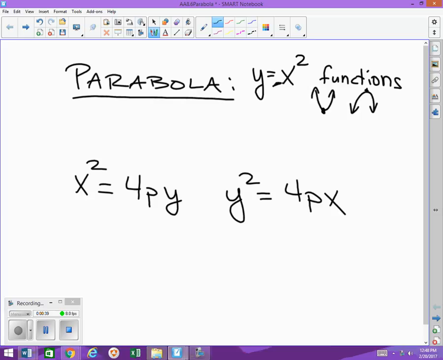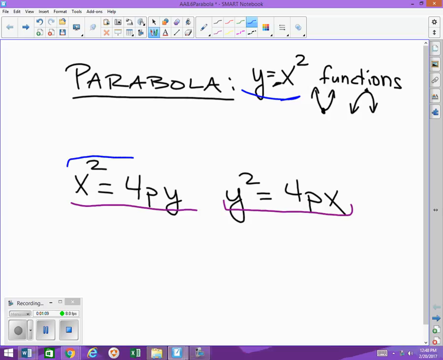So we have two different ways that we're going to look at parabolas, because they're not always going to be functions. One is an equation like this, where it says x squared equals 4py, and another one says y squared equals 4px. In these two different ways, as you notice, one of them is similar to this and the other one is not.